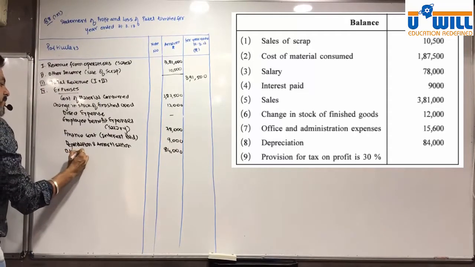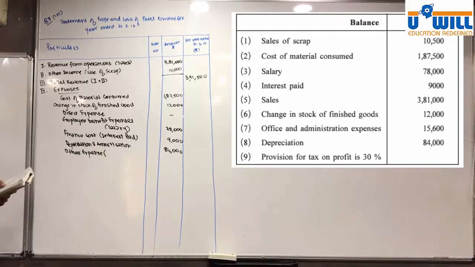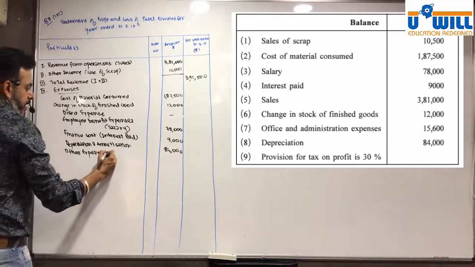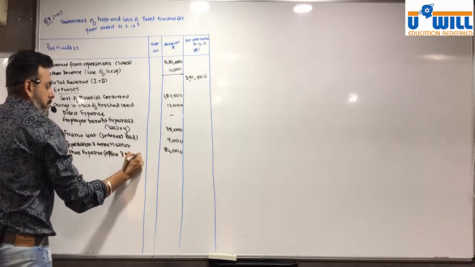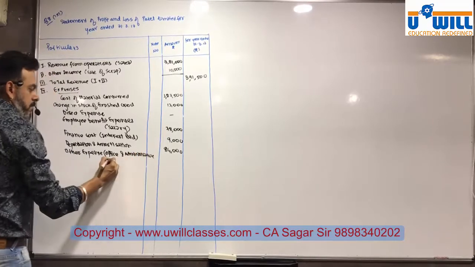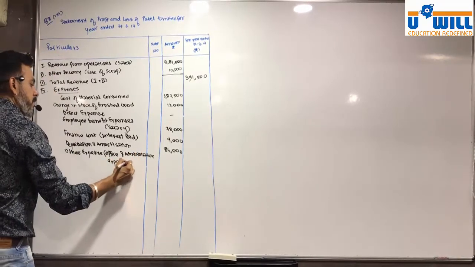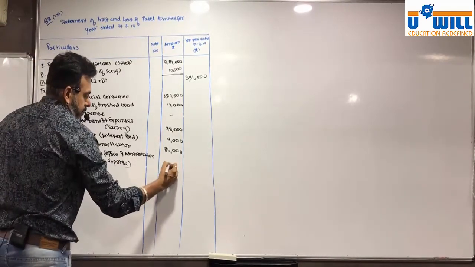Other expense. Over here, other expense is office and administrative expense, 15,600.